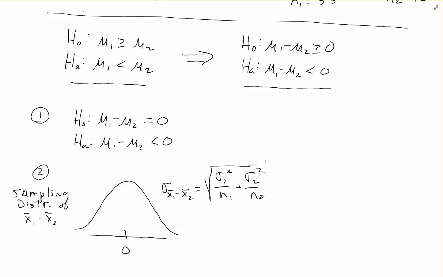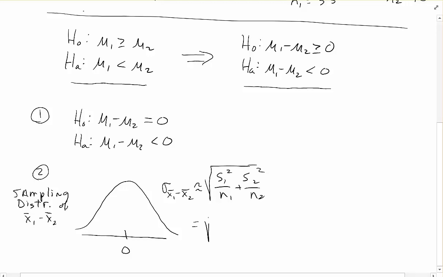But the sample sizes are both greater than or equal to 30. So they're large enough that we can use the sample standard deviations to give us good estimates of the population standard deviations. So our standard deviation is approximately, and we're going to replace the population standard deviations with the sample standard deviations.